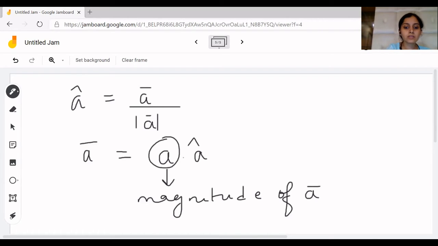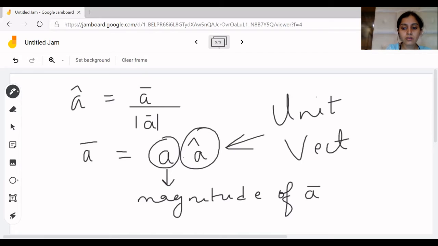And what is this a cap called? It is called the unit vector. Very important to understand the concept of the unit vector. The magnitude of any vector multiplied with a unit vector gives you the vector itself.